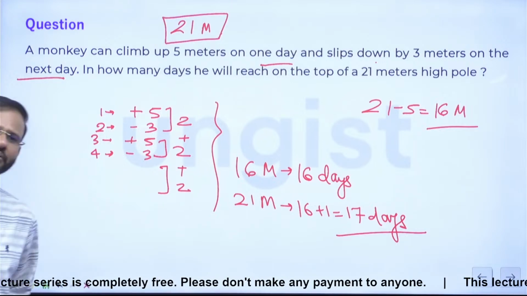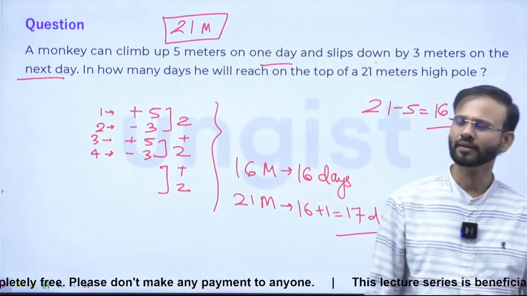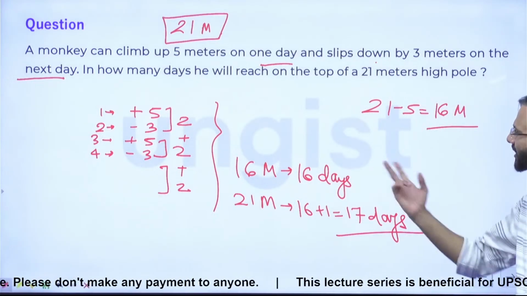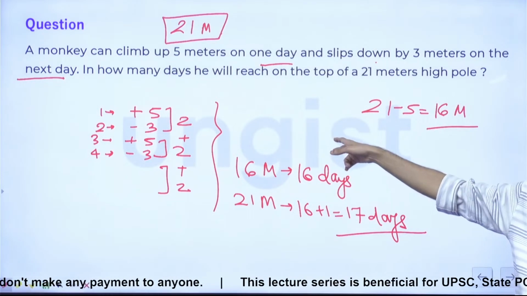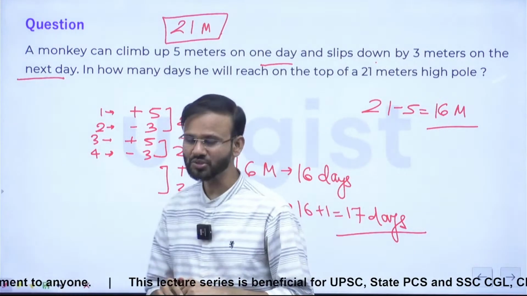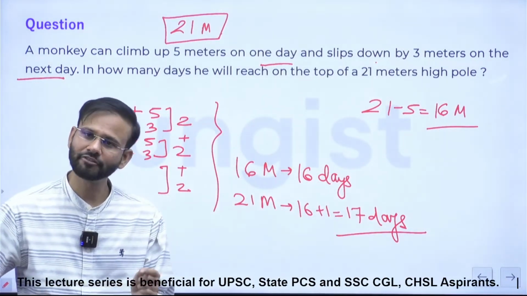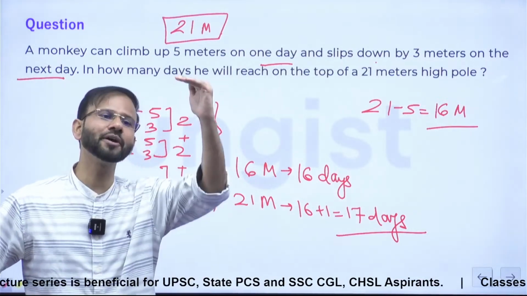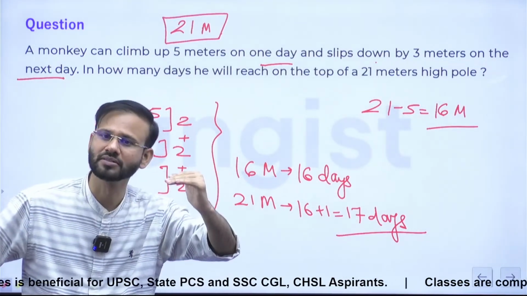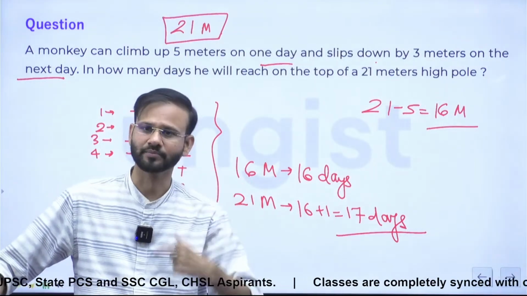Yes, everybody, any doubt? No, it's not 2 meters every day. It's 2 meters in 2 days. Just read the question clearly. See, everyone, guys, suppose that in only one jump he is climbing up by 5 meters and slips down by 3 meters, then it will be 2 meters in 1 day.